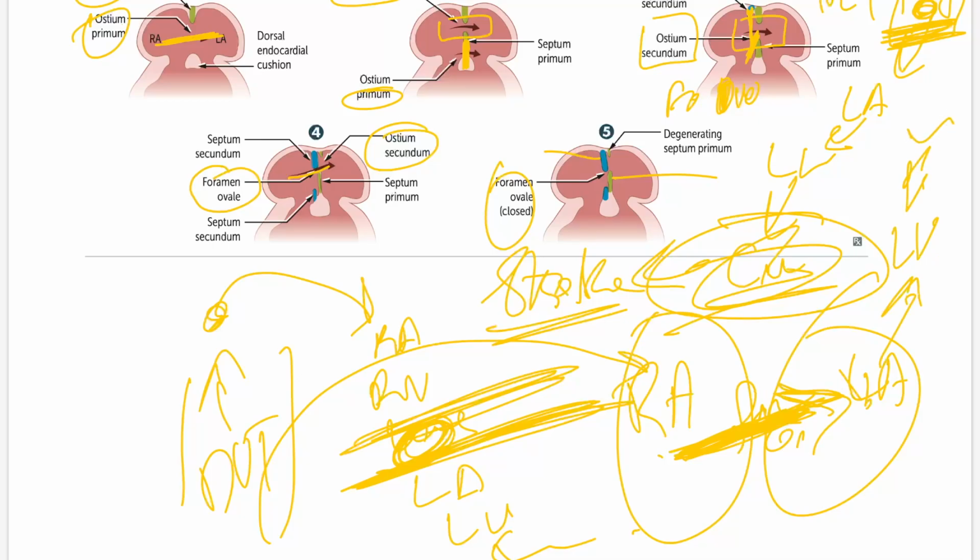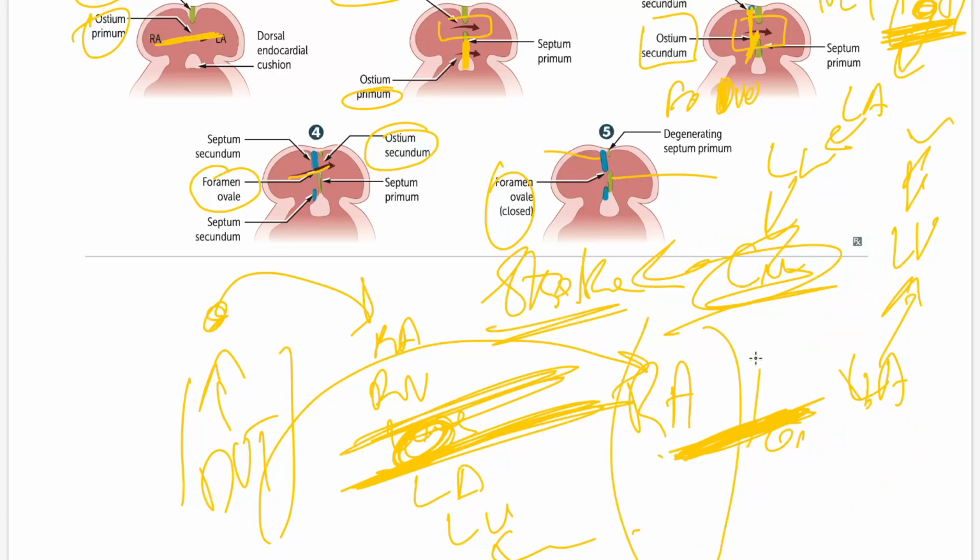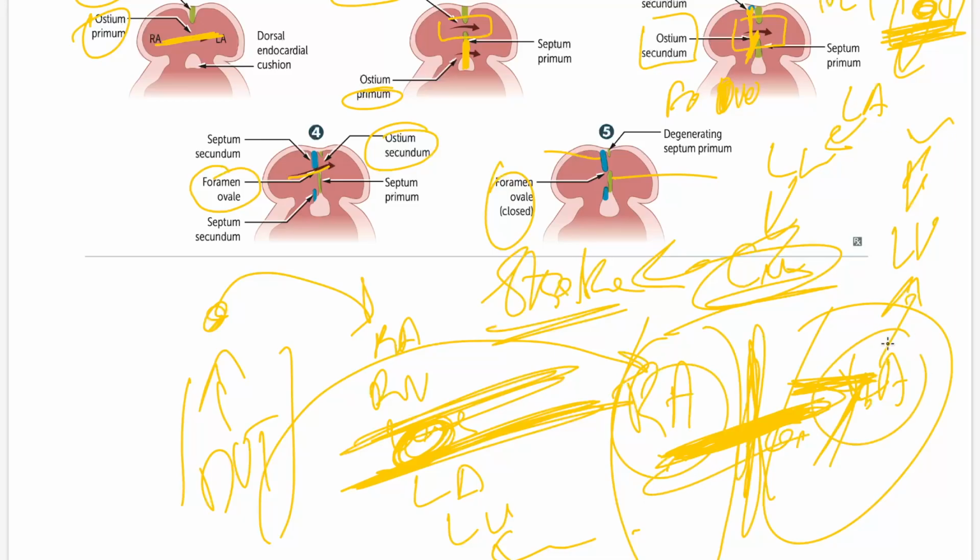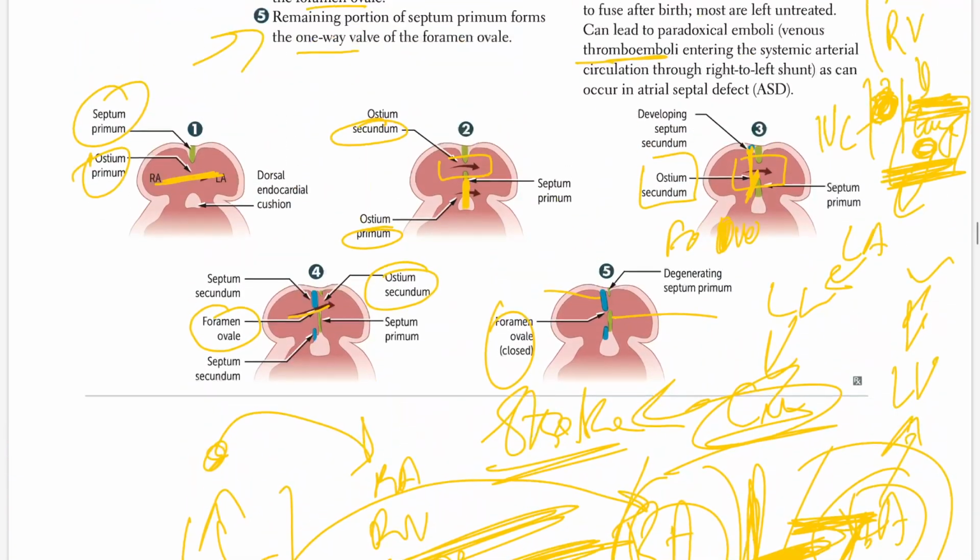Or if you have an atrial septal defect, as they have mentioned, the whole septum is out. So still you can have this. The emboli can go from right atrium to left atrium, into the left ventricle, and eventually circulation, right?